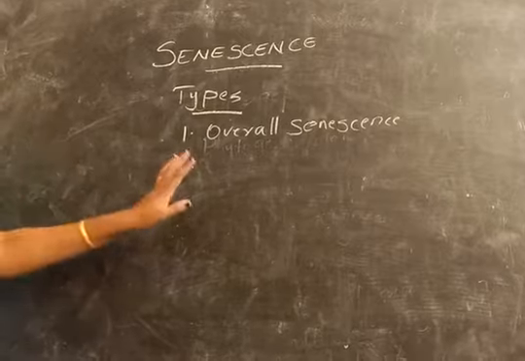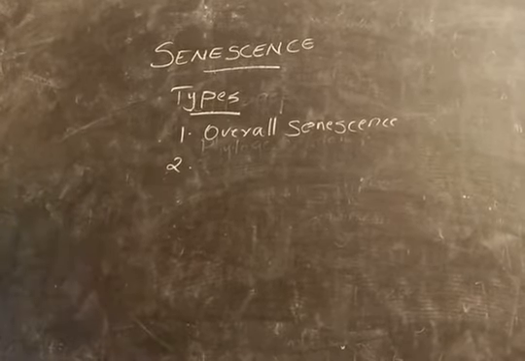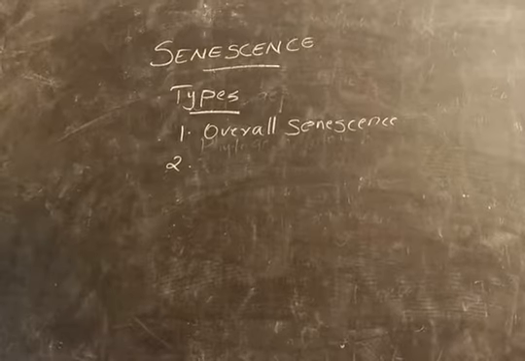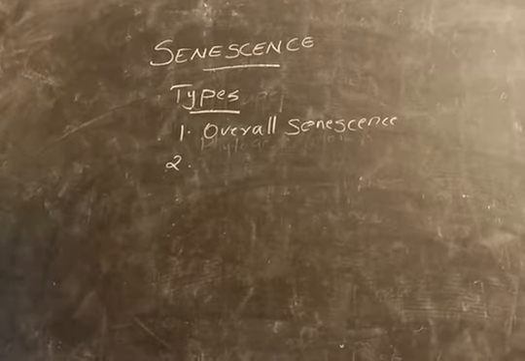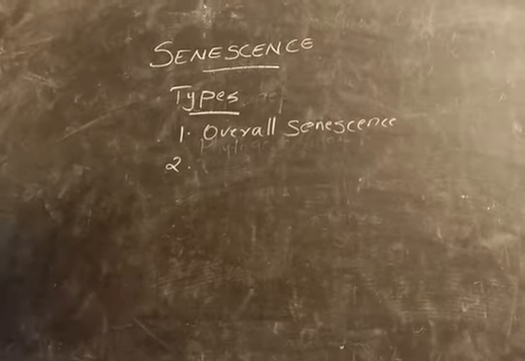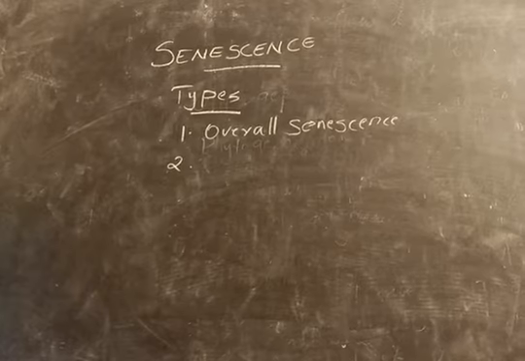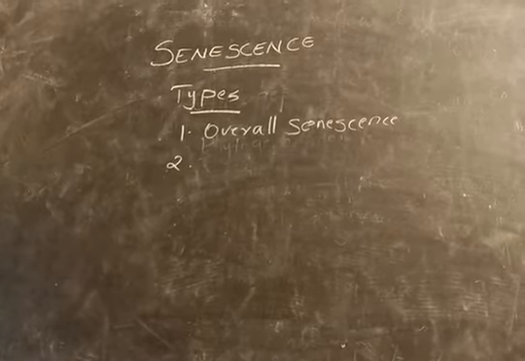Examples are wheat, soybean, agave and bamboo. Overall senescence may happen in both annual plants as well as perennial plants.